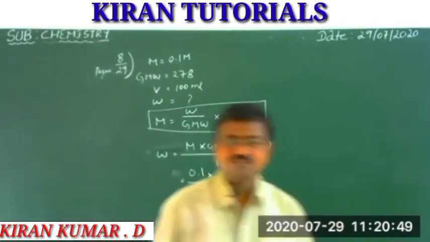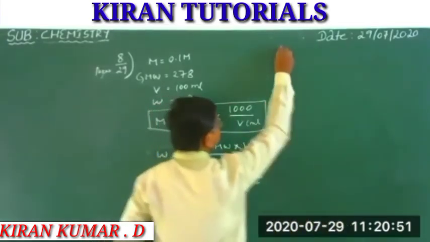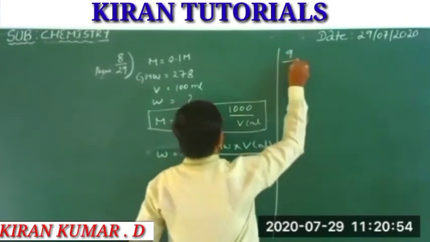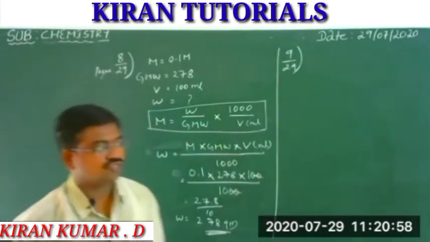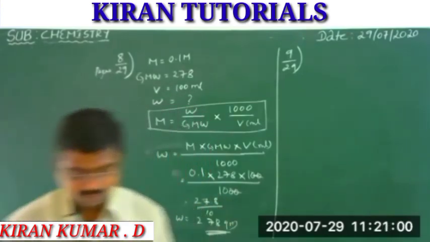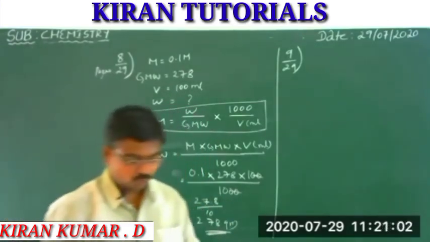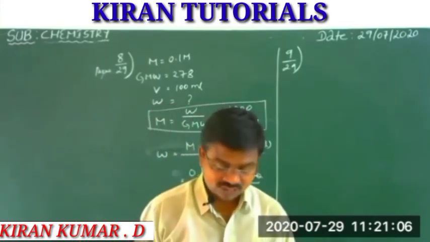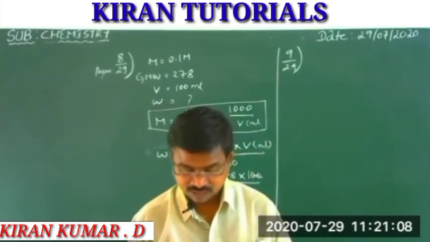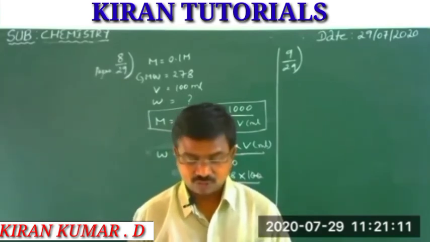On the ninth problem, level 1, ninth question. So what is here? 3.42 grams of a substance of molecular weight 342 is present in 250 grams of water. Molarity of this solution.